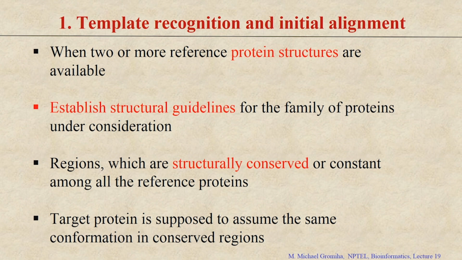Then we get some structural guidelines with the templates, you will get different structural information, because the PDB is known, and see the family of the proteins and the structurally conserved regions. If you see all this information, then you can choose the template.